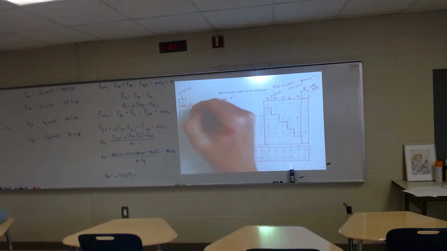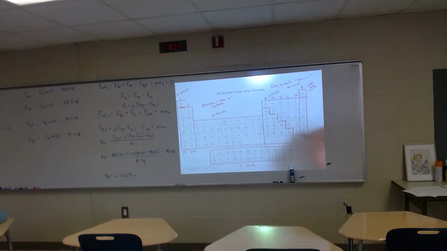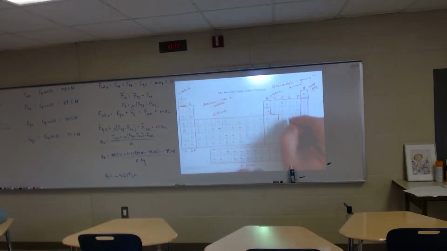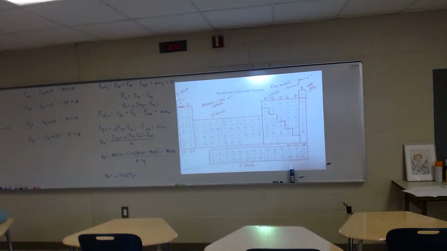And the second group metals, when they lose their two valence electrons, what will their charge be? 2 plus. These aren't going to lose anything, so they're going to be 0. When these guys gain 1 electron, their charge is 1 minus. And this group would be 2 minus. So on and so forth.